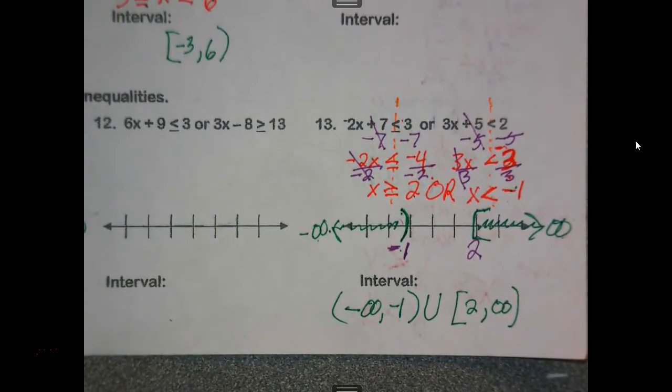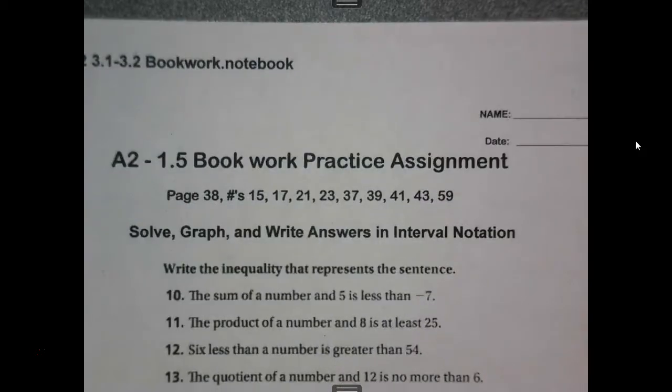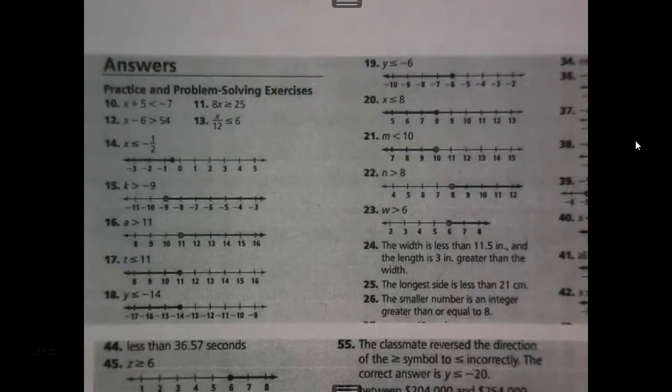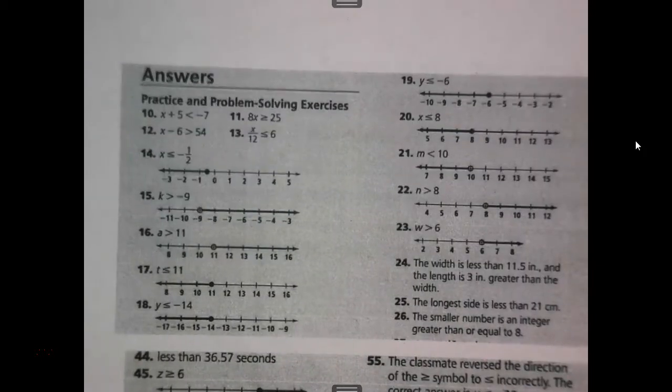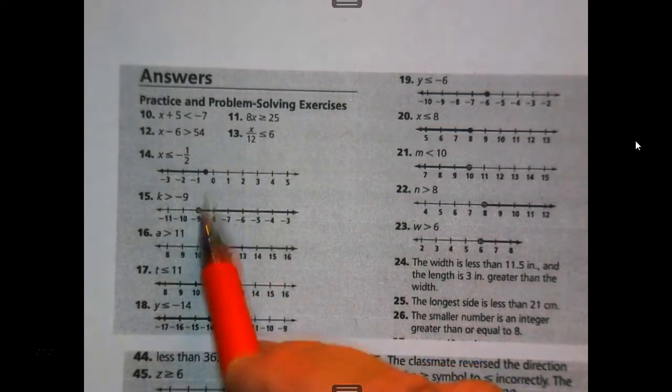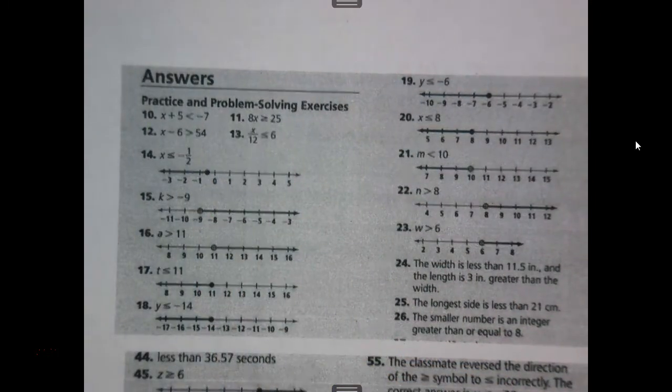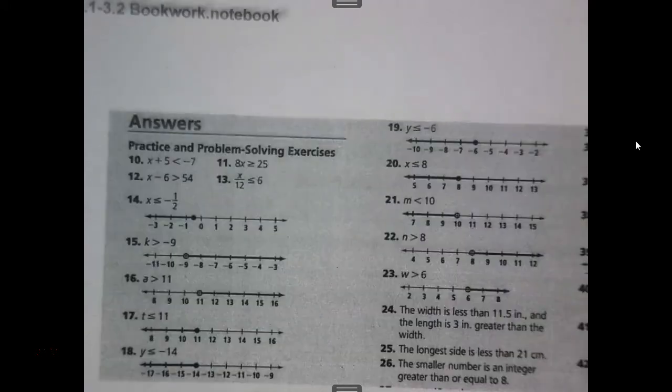Now you should be able to do the book work. Okay, the book work assignment for this, I copied it here. Be careful. I gave you the answers on the back, right? They're not going to be the same answers that you guys are going to do because this does it the Algebra 1 way where they have open and closed circles. They don't have interval notation, but it gives you an idea of what the answer should be.